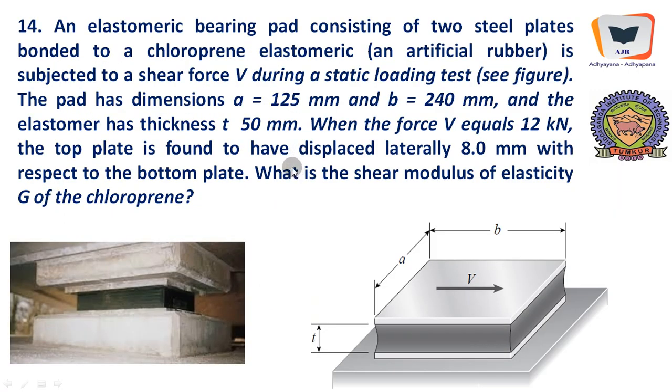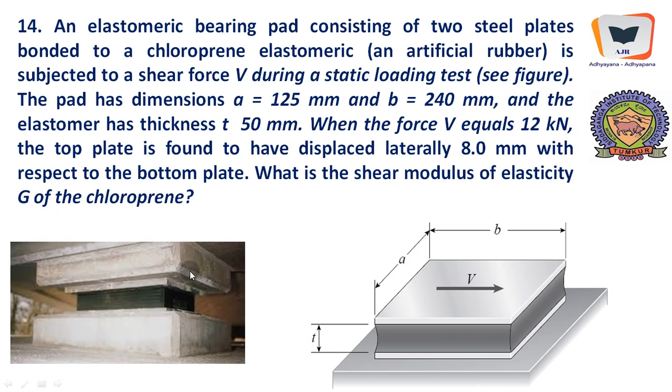Next, the 14th question is about an elastomeric bearing pad consisting of two steel plates, one above and one below, bonded to a chloroprene elastomer, which is used as a bearing for bridges.